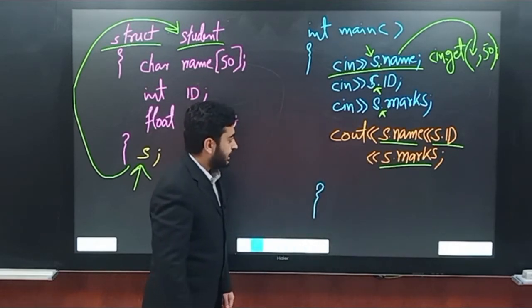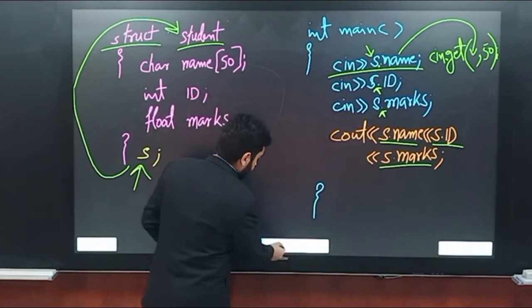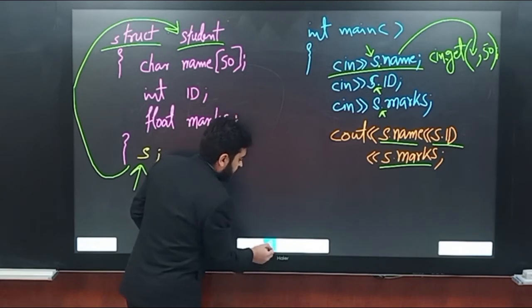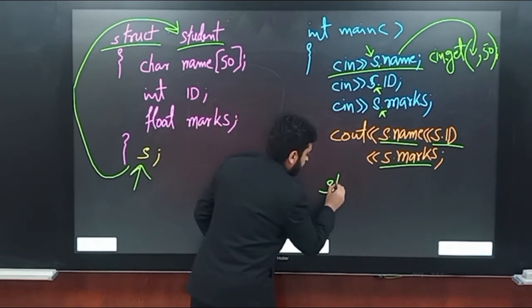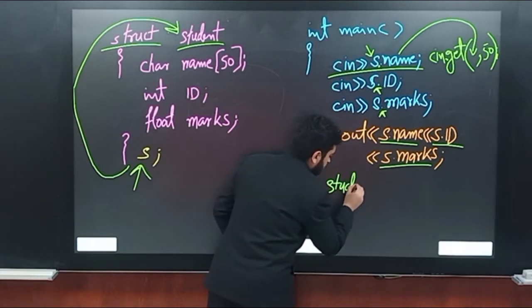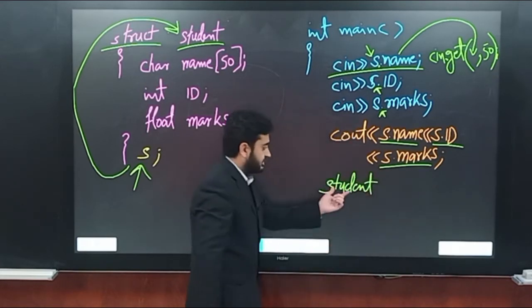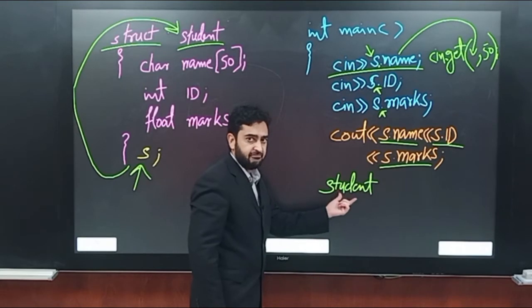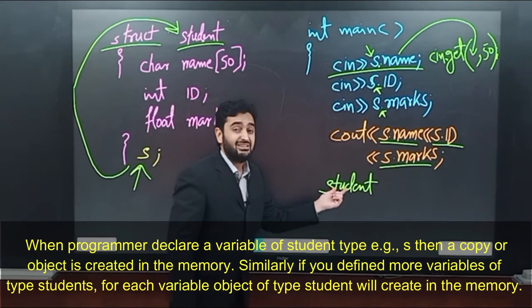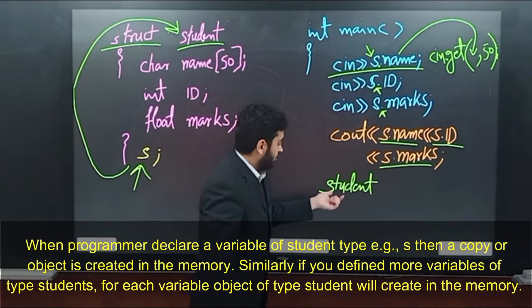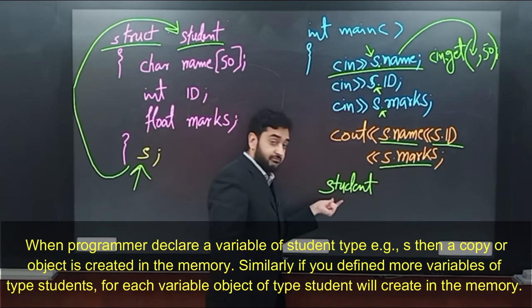In a similar way we can define multiple variables. Student is now a user defined data type. This is a structure, so we can declare a variable of this student type.